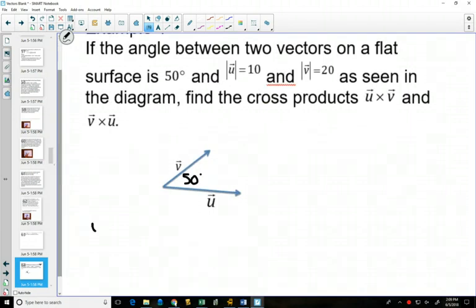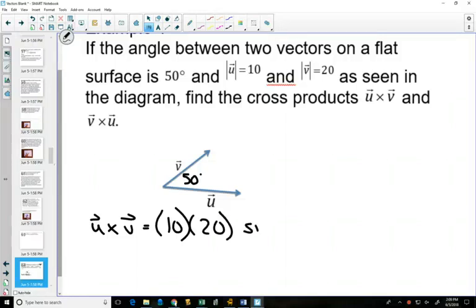So if we start with U cross V, it's the length of U, which is 10, times the length of V, which is 20, times sine of 50 degrees times the unit vector n.